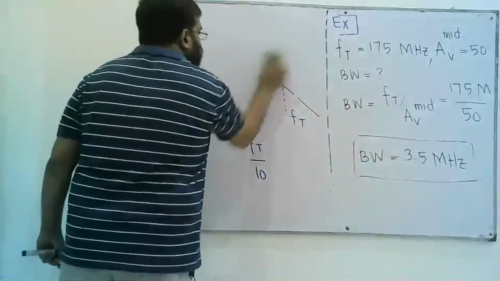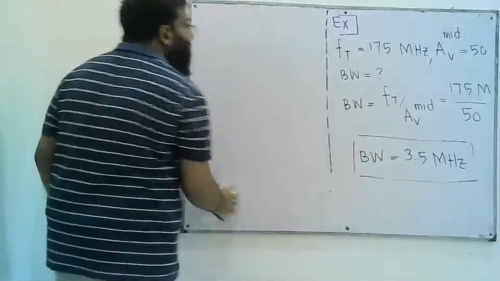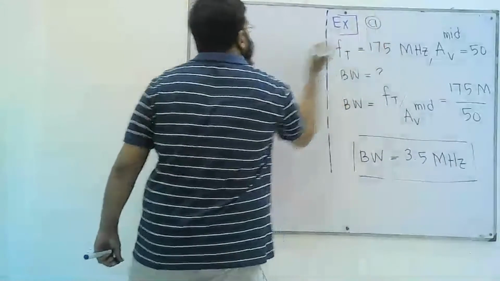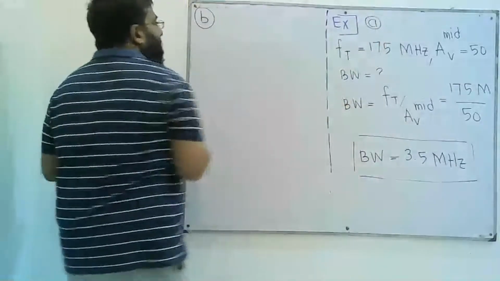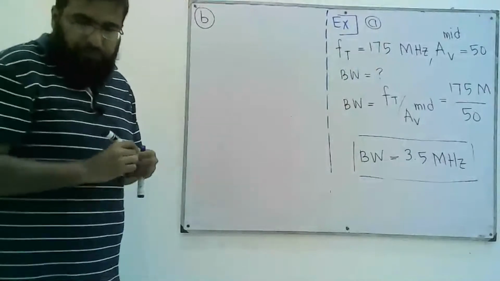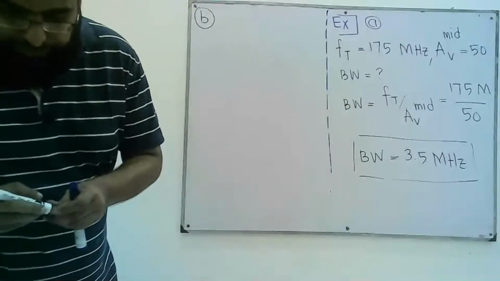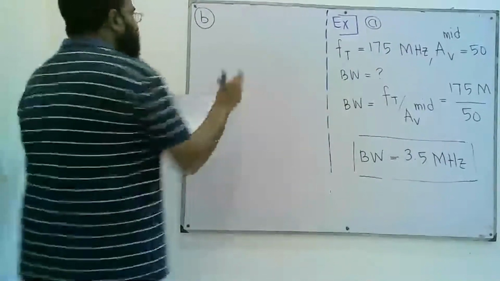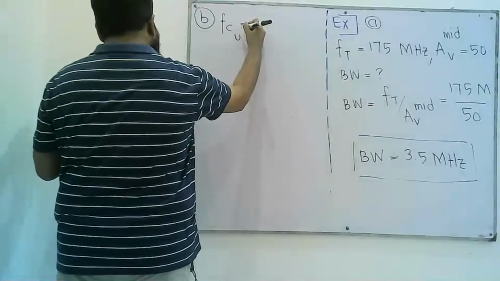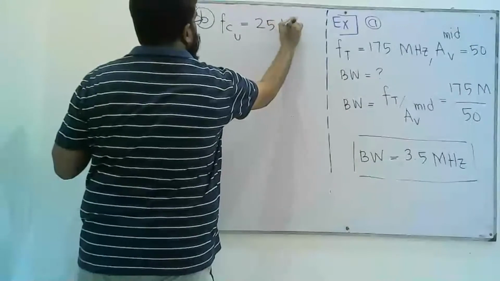Right, the problem has one more part. That's part A. Part B is that for an amplifier we have the upper cutoff frequency given to be 25 kilohertz.